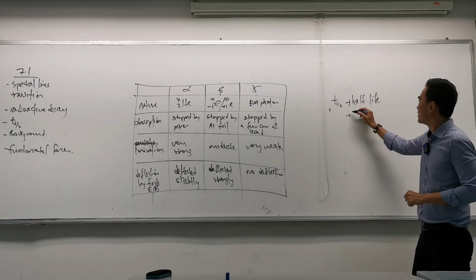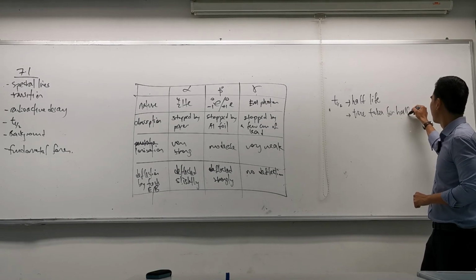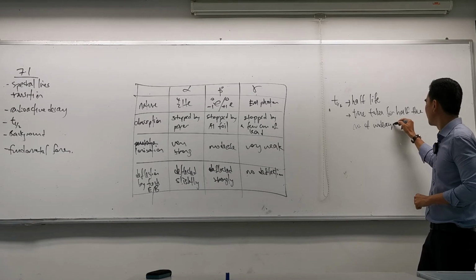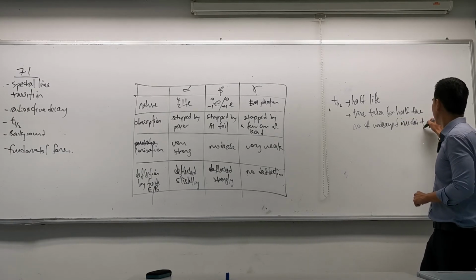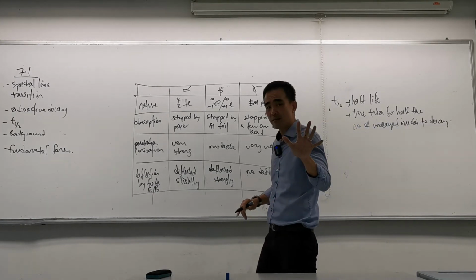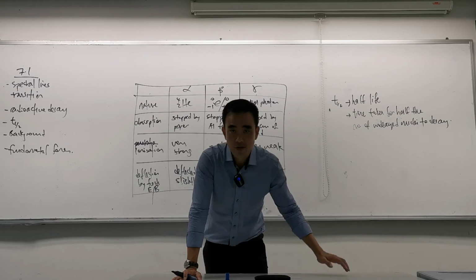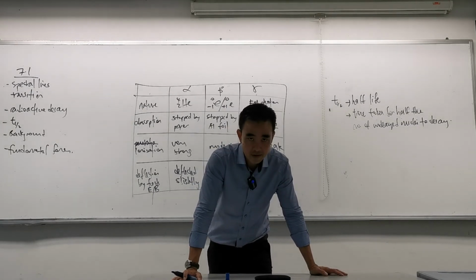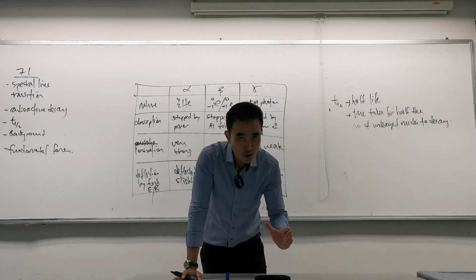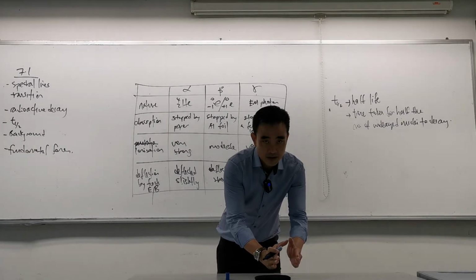Now, what is half-life? It is the time taken for half the number of undecayed nuclei to decay. So it means if I have a half-life of 5 minutes, and I have this amount of radioactive nuclei, half of it will be decayed in 5 minutes. And then after another 5 minutes, a quarter of it. Why? Because only that half that is remaining will decay.